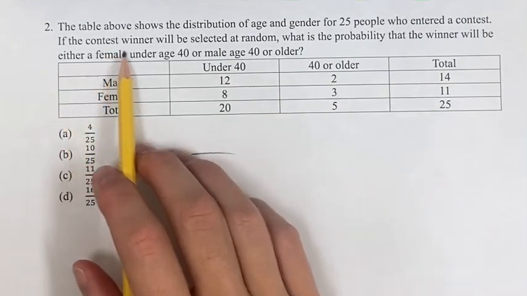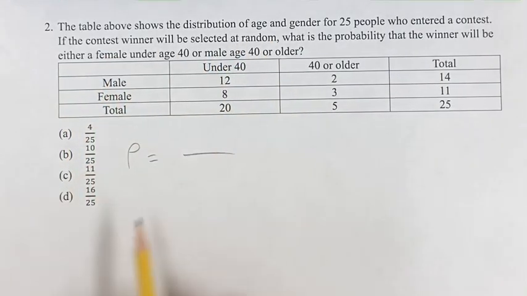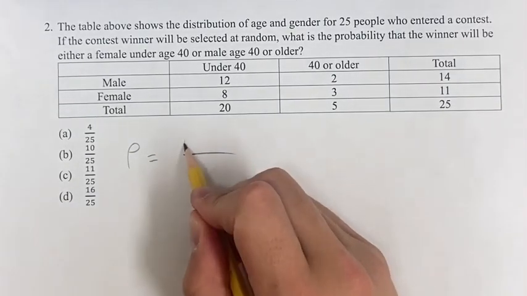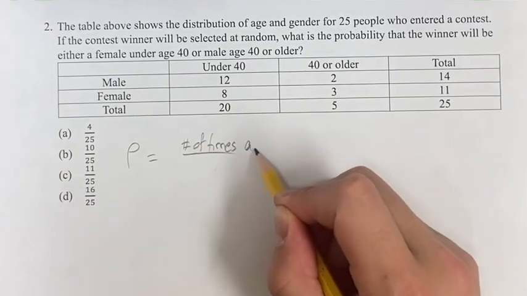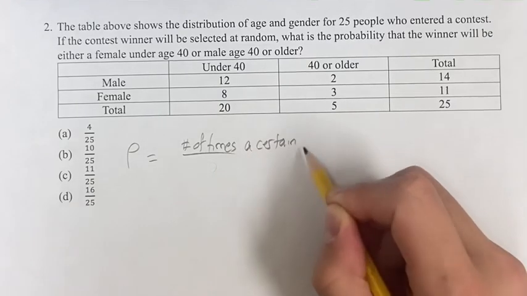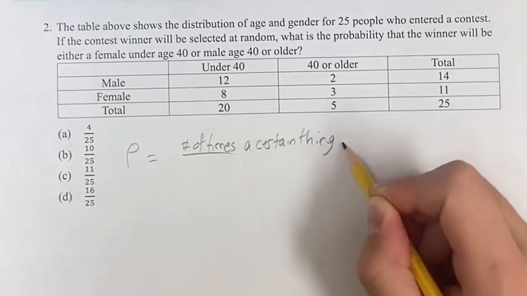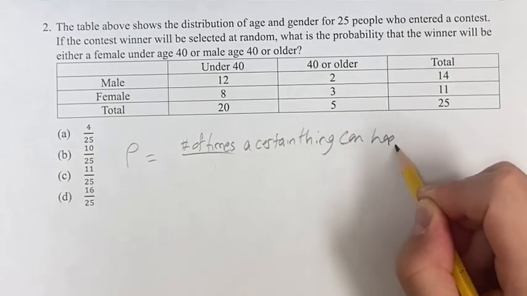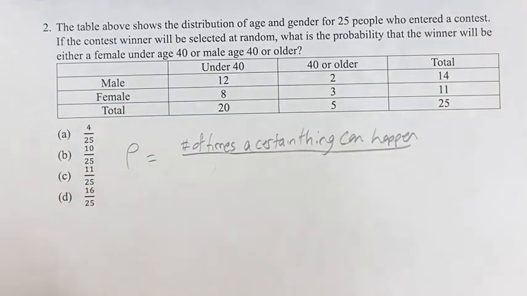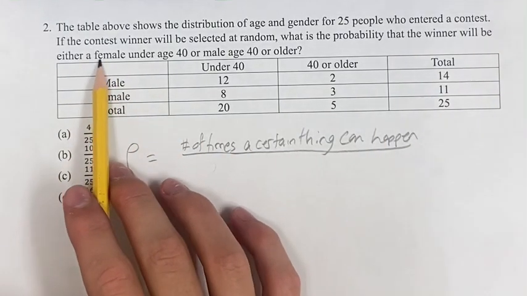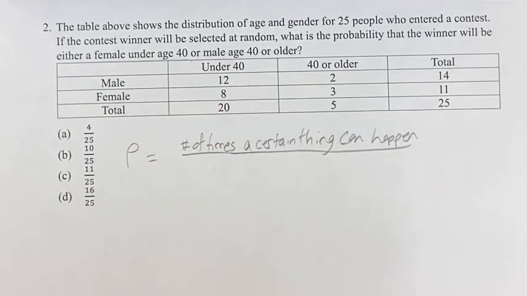And if the contest winner is selected at random, that means that our denominator here is going to be the total, right? So when you're taking the probability, it's the number of times that a certain thing can happen. In this case, how many ways can it be either a female under 40 or a male over 40.